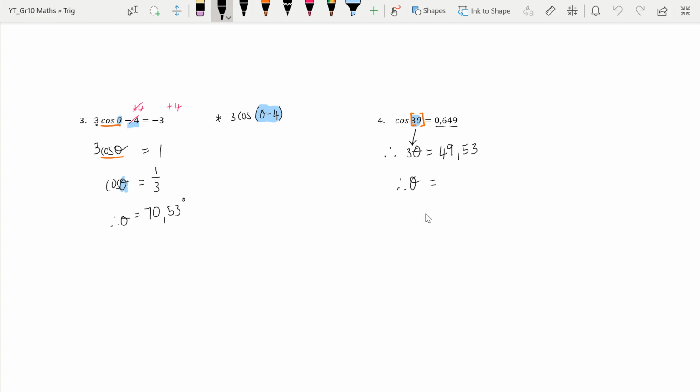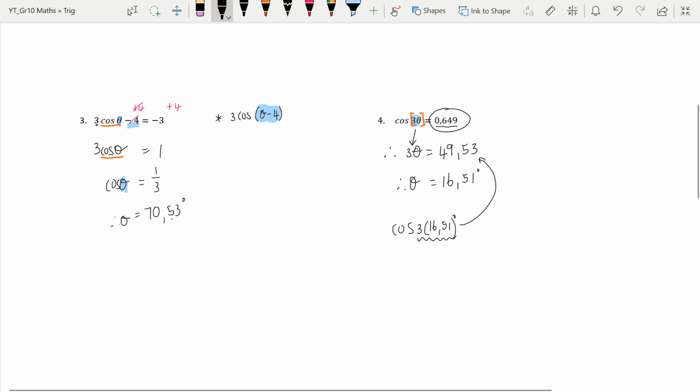We divide both sides by 3, and then theta is 16,51 degrees. How can we test if this works? Grade 10, so we can say cos, and then we can say 3 times that, which just gives us that whole angle. And if we put it into the calculator, it will give us that ratio of sides. Very important.